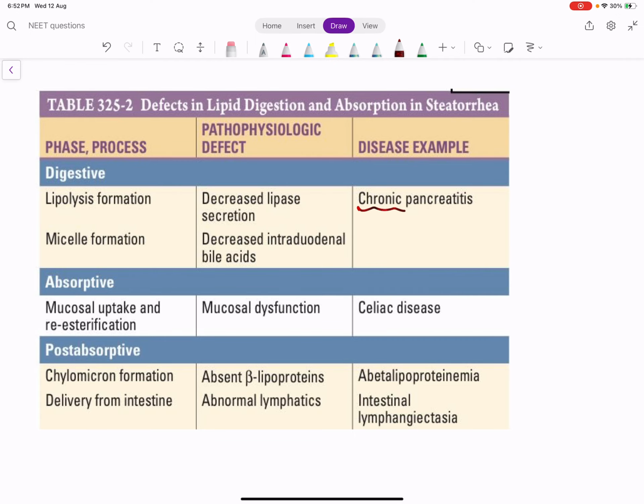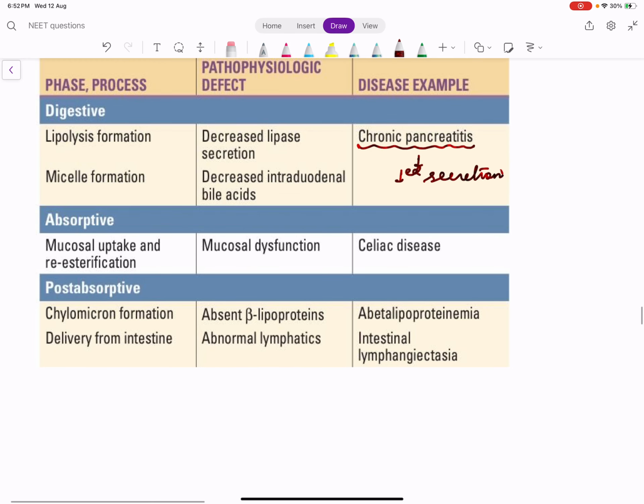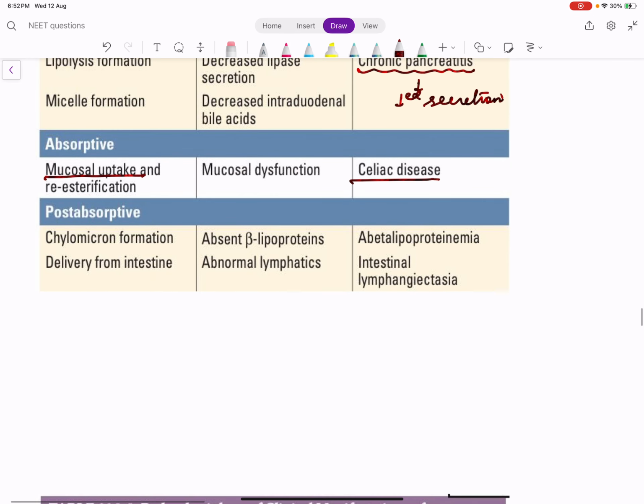See, in chronic pancreatitis, what happens? There will be reduced secretion of enzymes like lipase. So this is reduced luminal secretion. Then there can be problems in the mucosa itself, for example celiac disease. Or there can be problems in the post-absorptive phase, like in abetalipoproteinemia. Okay.